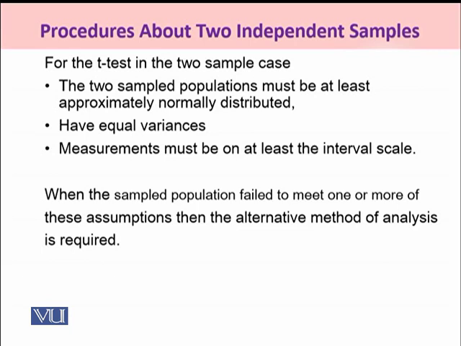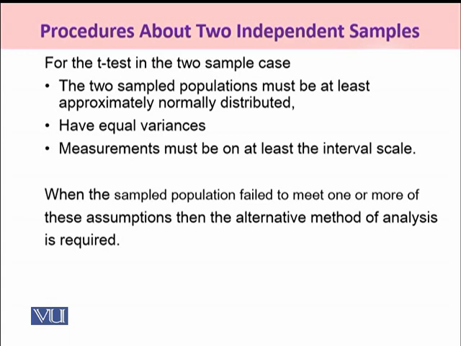The t-test requires stringent assumptions such as the normality of the data. So it is required that the two sampled populations must be approximately normally distributed. That means the first sampled population, as well as the second sampled population, both show normality.